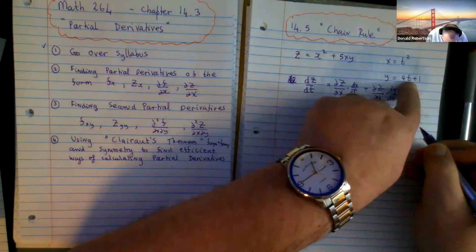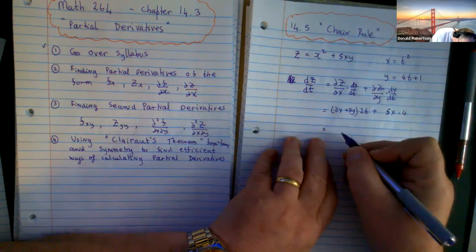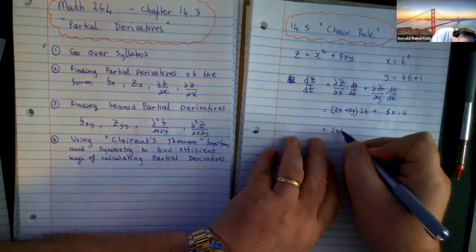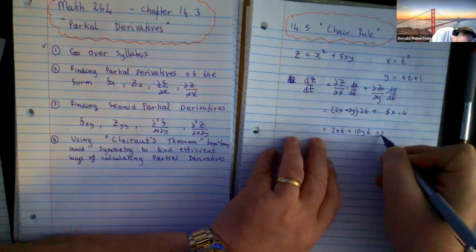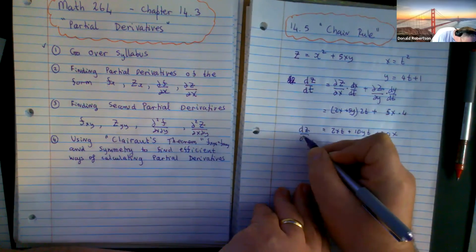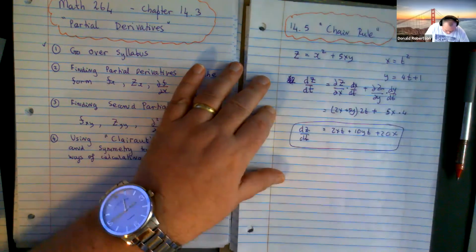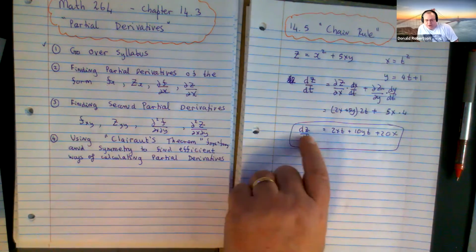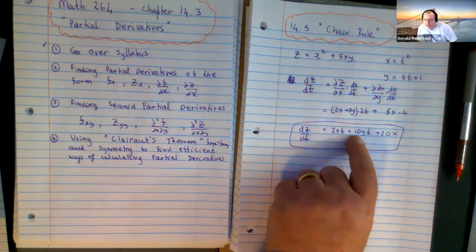The derivative of y with respect to t gets me 4. So this thing looks like 2xt times (2x plus 5y)... that is, 2xt plus 10yt plus 20x. What we have is the derivative of z with respect to t. Do you see that it's a mixture of x, y, and t's?